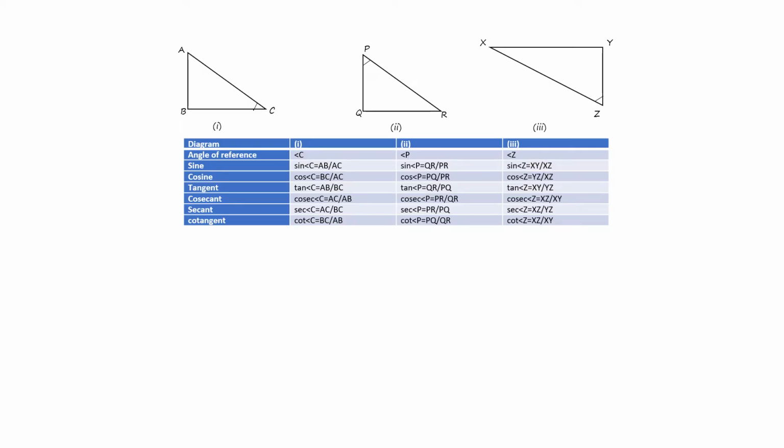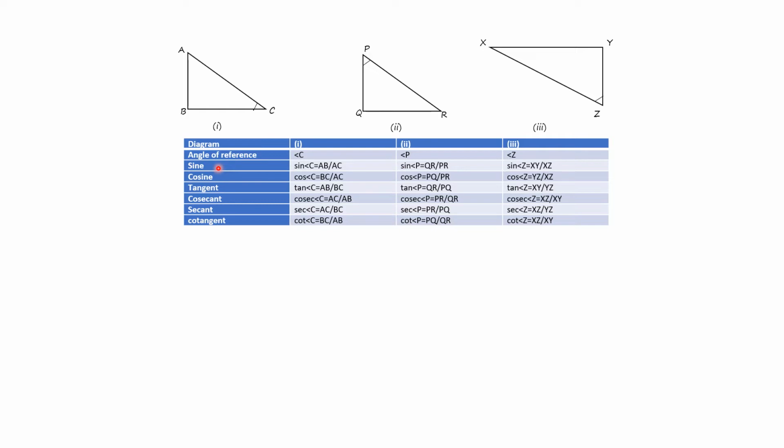So here take the same diagram into account. In diagram 1, angle B is right angle, C is the angle of reference. So here perpendicular is AB, base is BC, and AC is hypotenuse. So if we take C as the angle of reference, sine of angle C or sin C is perpendicular by hypotenuse, that means AB by AC.